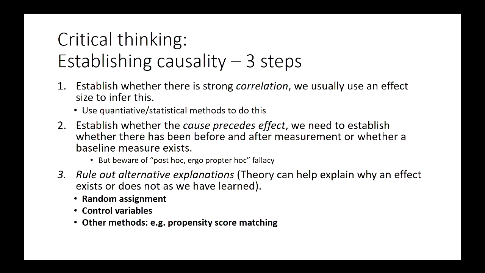Or it could be another third variable that's causing both. So for example, let's say you think that there's a correlation between merging and higher performance. You think it's mergers that are leading to higher performance. But it's actually a third variable. Maybe it is organizational size.